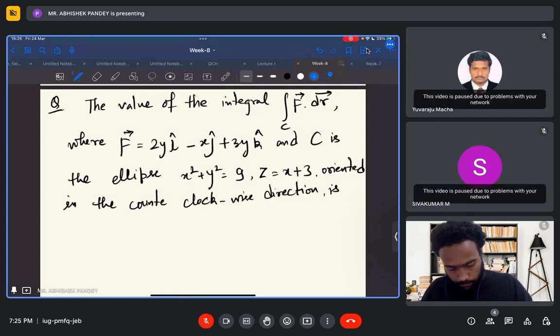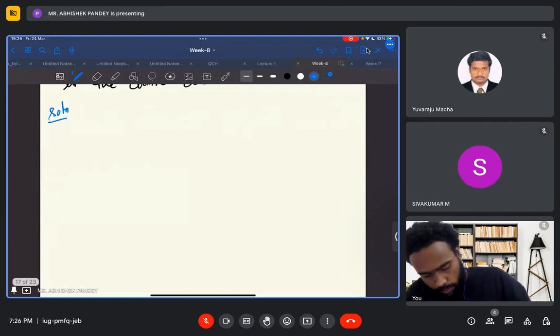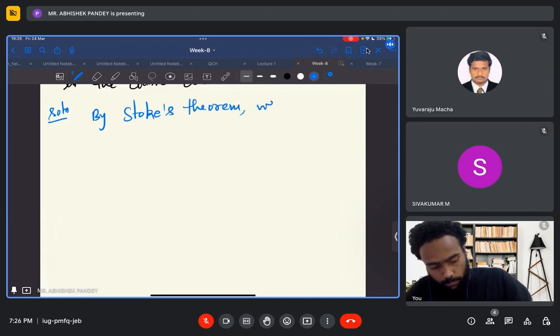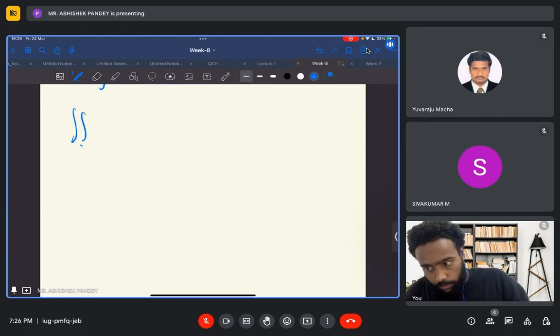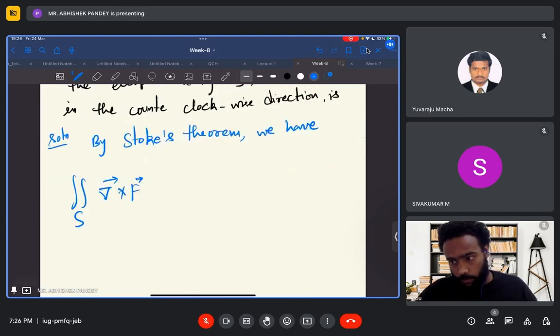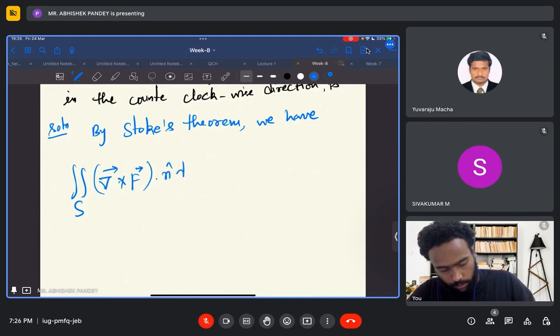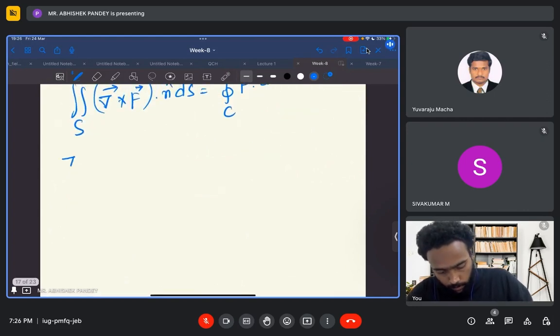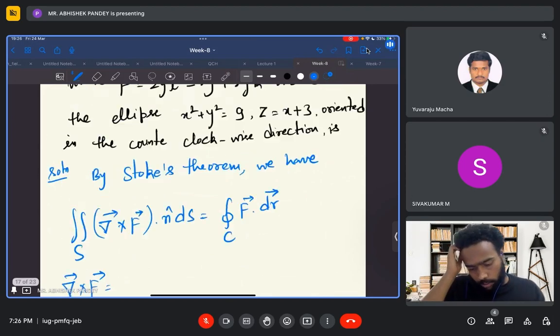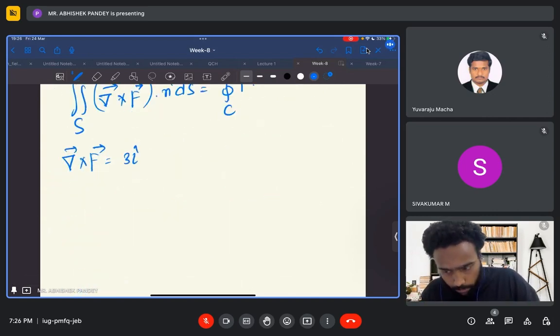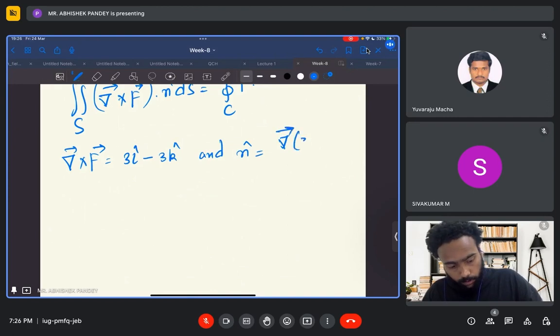Again, we will use the Stokes theorem. Okay, so by Stokes theorem, we have the double integral over S of curl f dot n cap dS, which is nothing but the integral of f dot dr. Here, once you do del cross f, this is easy to do, so this will be 3 i cap minus 3 k cap, and the unit normal vector is (z minus x minus 3) upon its magnitude.